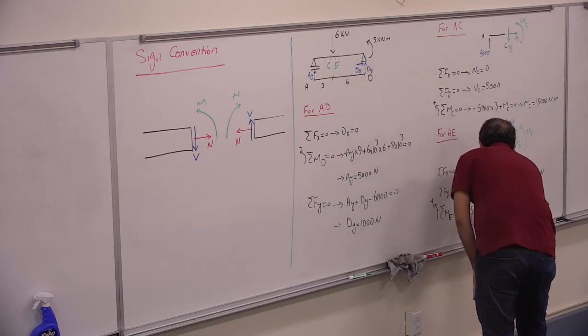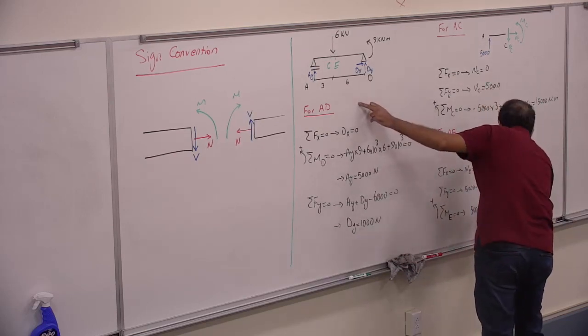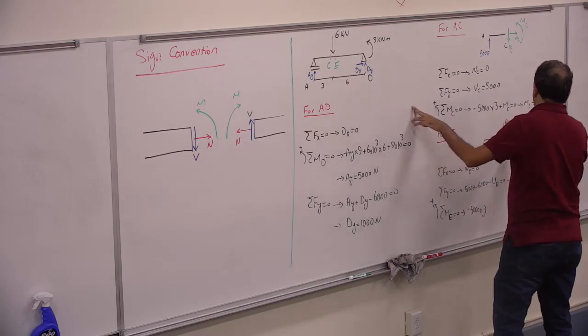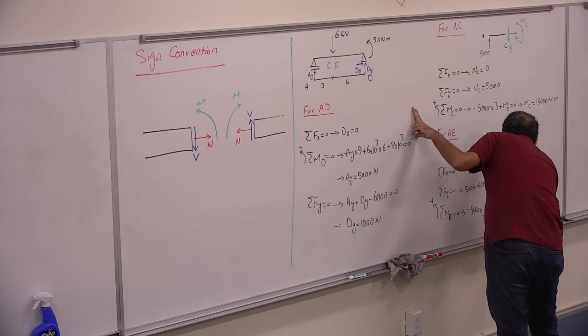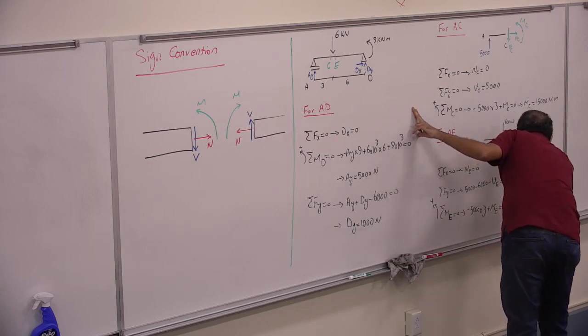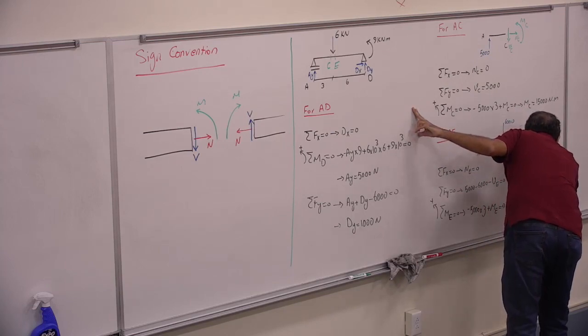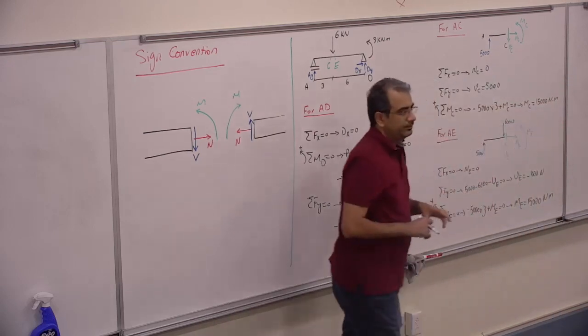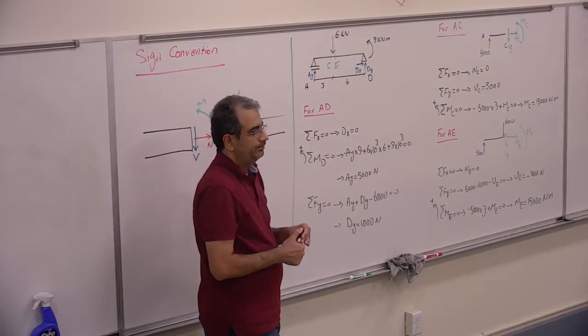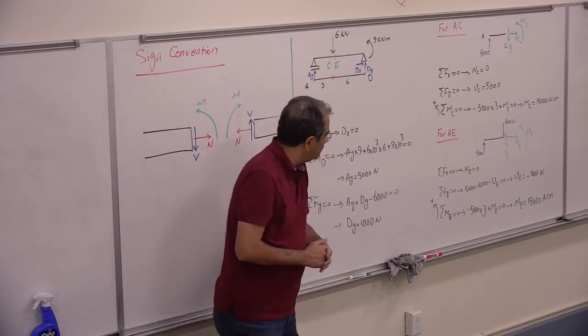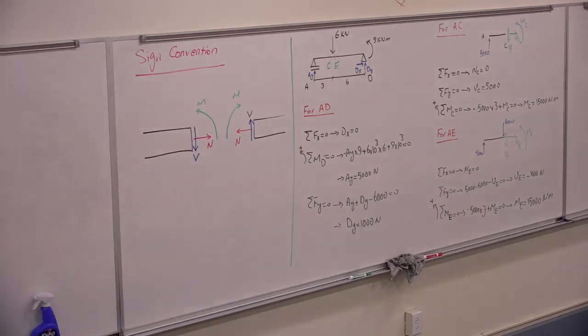Again, if I write the sigma M, it's going to be 5,000 times 3 negative, and everything else doesn't have the moment, plus ME would be 0, then M at E would be 15,000 Newton meter. Any question?